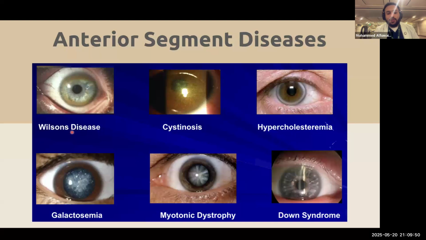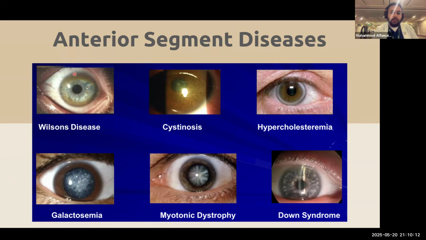In this case, Wilson's disease is copper, okay? There's copper deposition. If you want to think of what color is copper, it's bronze. Here in the surrounding periphery of the cornea, you'll see this brown deposition. Right? Think of this as Wilson's disease. This is something that we call Kaiser-Fleischer rings, okay?